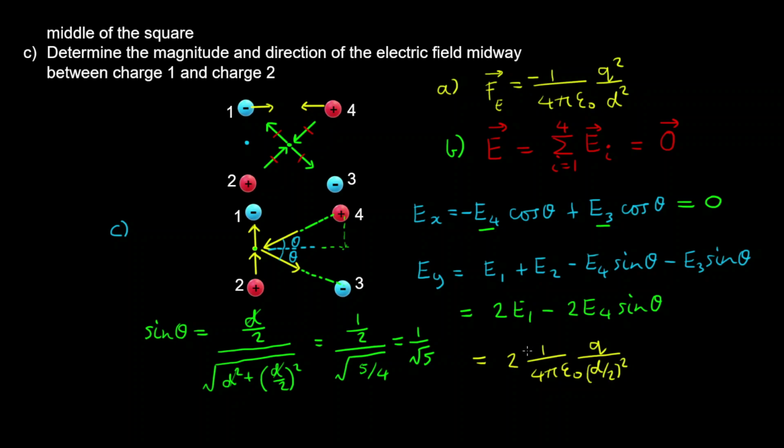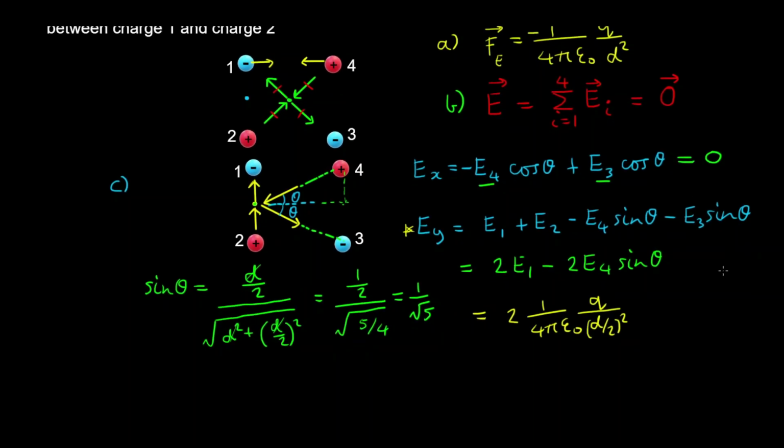And note that we're not using negative signs for the charge, because we've already accounted for the direction in this summation in the y direction here. And then we have minus 2 by 1 over 4 pi epsilon naught. And the electric field vector of charge 4, we have Q over this length over here, which we've established is equal to this.